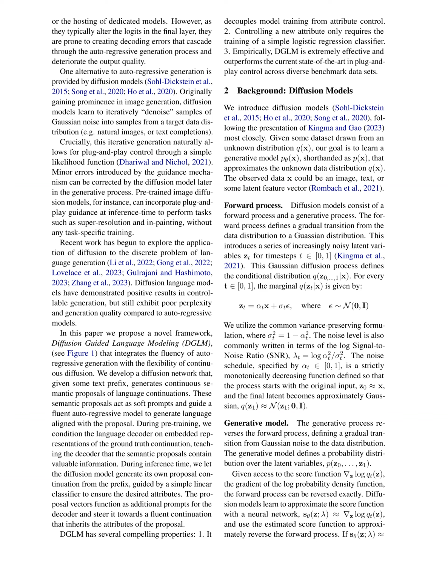Specifically, DGLM integrates the fluency of auto-regressive models with the flexibility of diffusion models, allowing for the generation of text that aligns with desired attributes, such as humor or low toxicity, without altering the model weights. This is achieved by using a diffusion network to generate continuous semantic proposals that act as soft prompts for a fluent auto-regressive decoder.